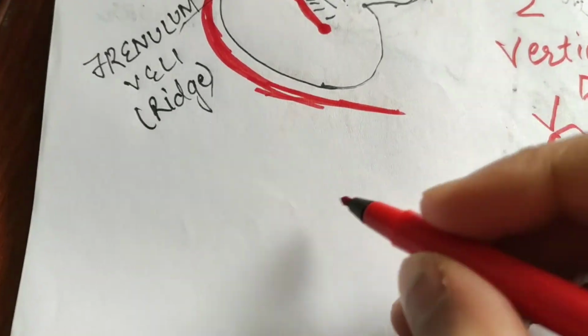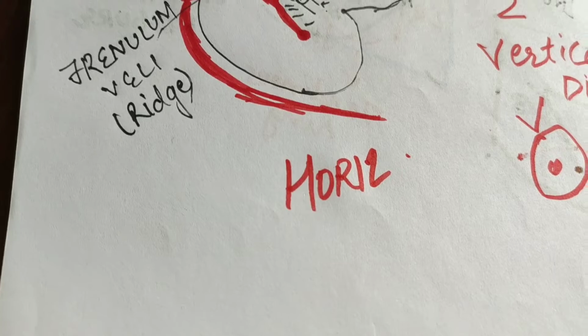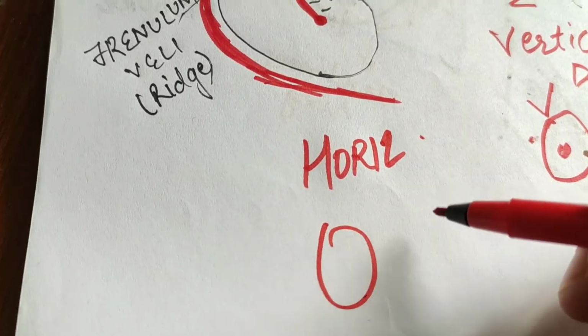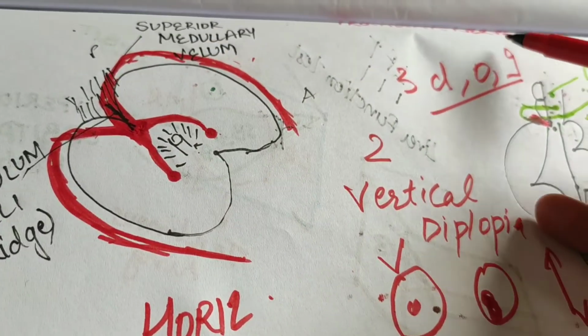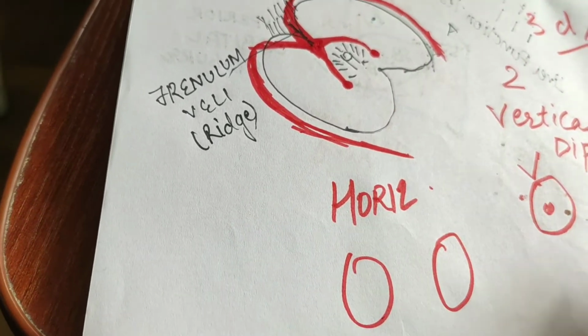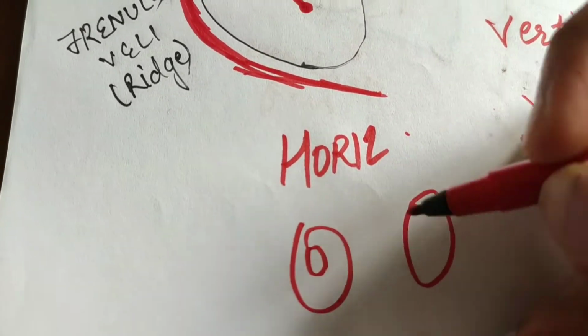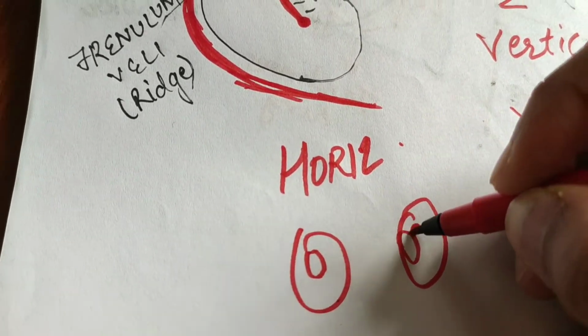Then there is horizontal diplopia. What happens in horizontal diplopia? In horizontal we discuss intorsion.